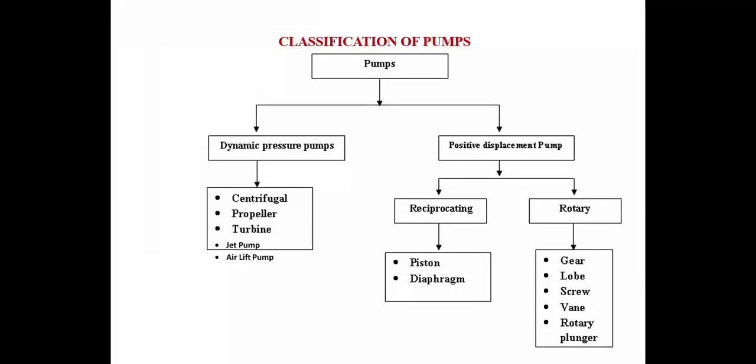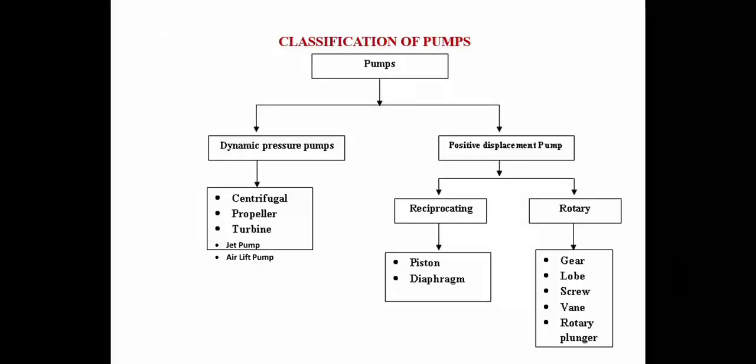Dynamic pressure pumps are mainly of 5 types: centrifugal, propeller, turbine pumps, jet pump and airlift pump. Positive displacement pumps are generally of 2 types: reciprocating and rotary. Reciprocating pumps are of 3 types: piston, diaphragm and plunger pumps. And rotary pumps are of gear, lobe, screw, vane, rotary plunger, etc. So these are the different types of rotary pumps.